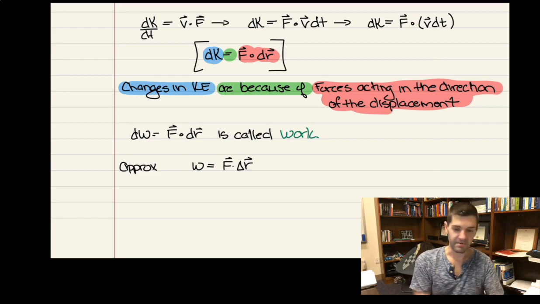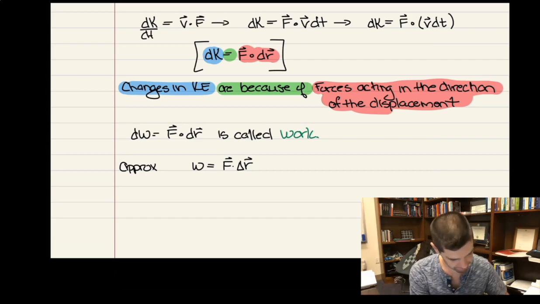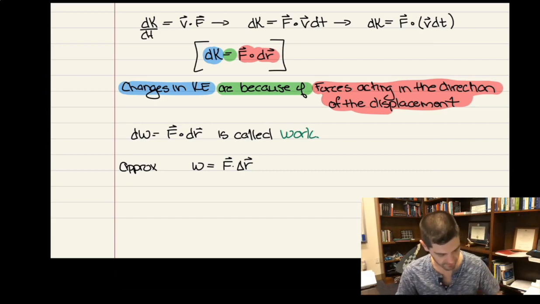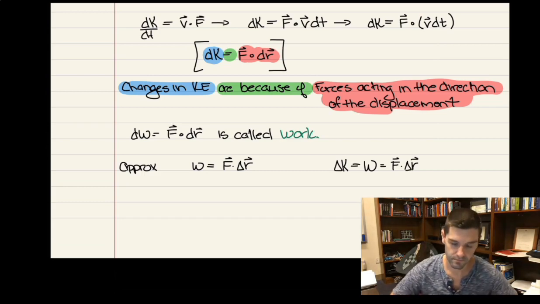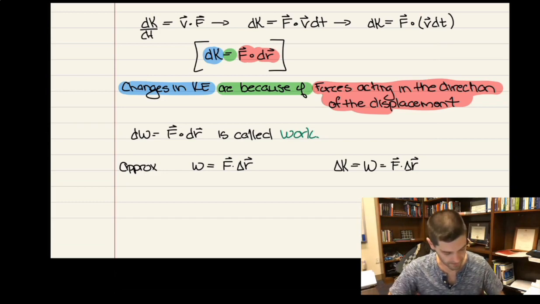The work that's being done is the force that's being applied over some amount of distance. So the expression I wrote above, in the approximate version, you could say the change in kinetic energy is equal to the work, which is the force over some amount of distance. And that actually is not too bad.